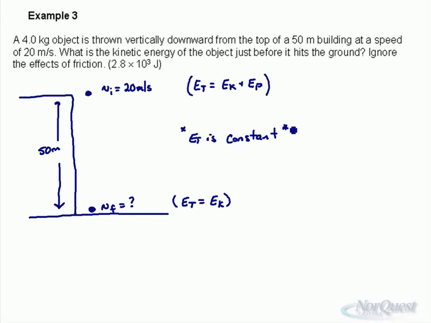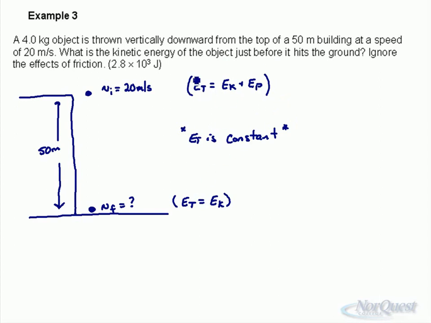They'll give you a bunch of little pieces of information about the beginning, and then they'll say something with reference to the end, and all of a sudden you think, well, I don't have enough information to do that. Well, you do. You have the velocity at the beginning. You have the height above the earth at the beginning. You can use that first formula to find how much kinetic energy it has before it hits the ground.